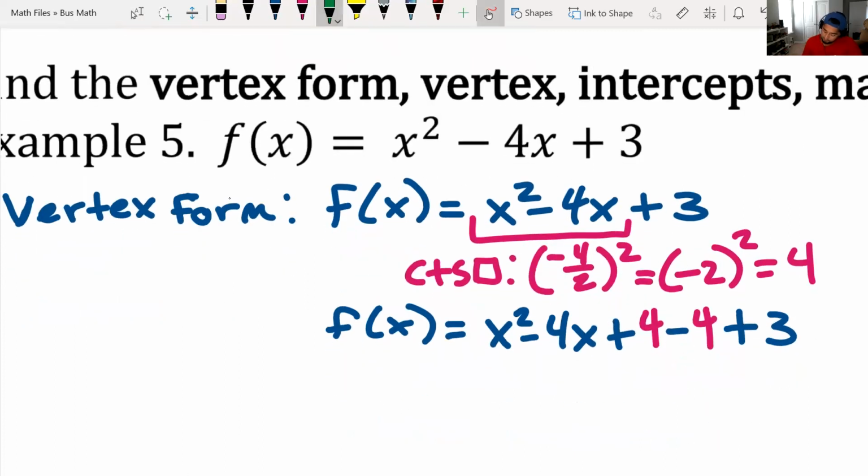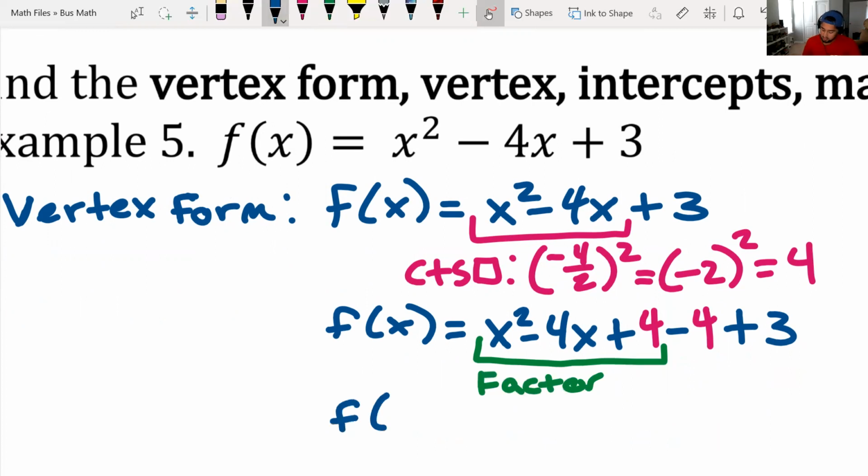And then group these two terms together and factor. Which means you'll get f of x equals x minus a number times x minus a number. And remember the trick, what number goes in there?